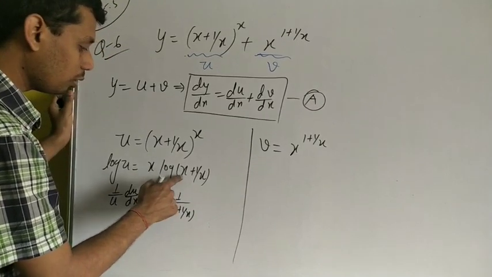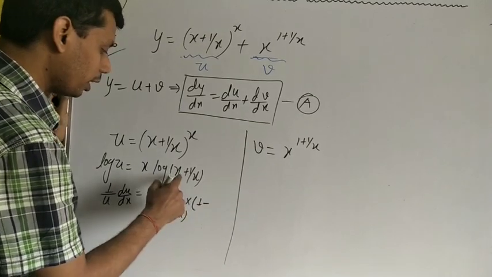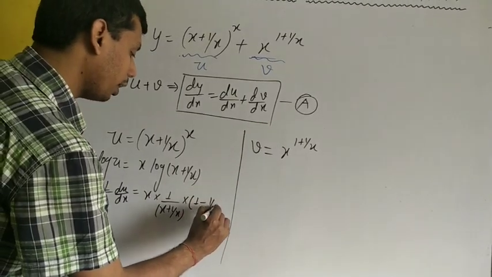Differentiation of log x is 1 by x into differentiation of (x plus 1 by x), that is 1 minus 1 by x square.